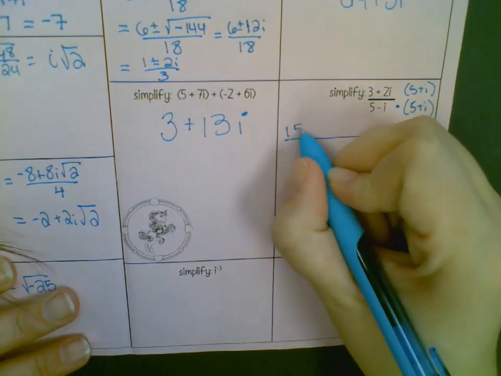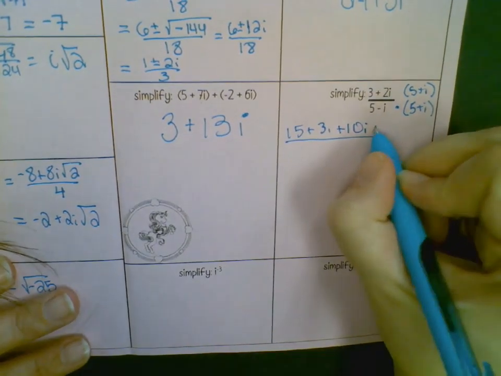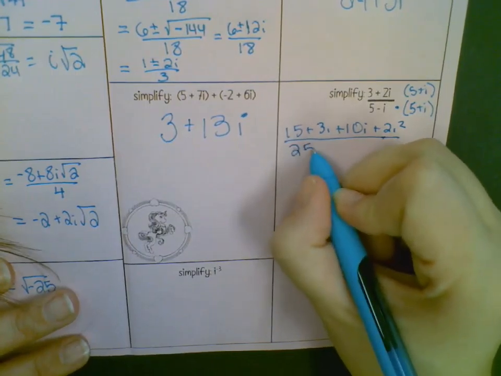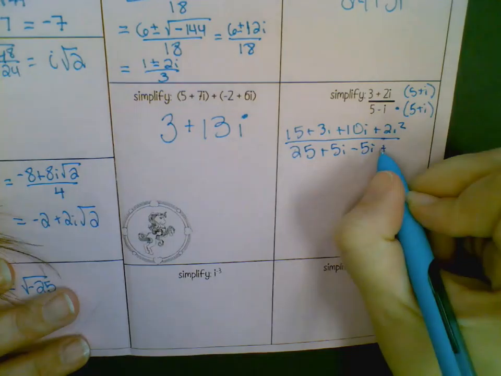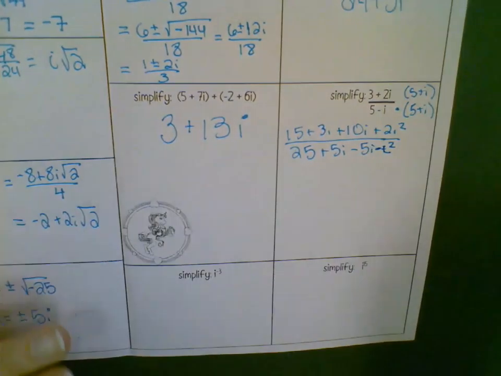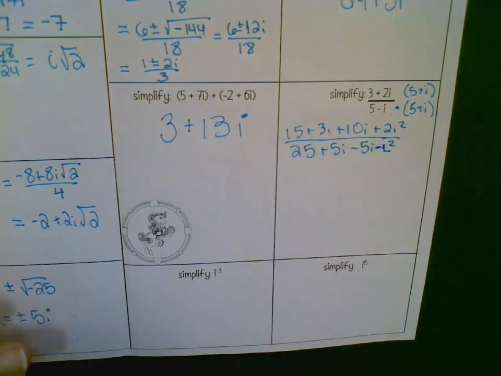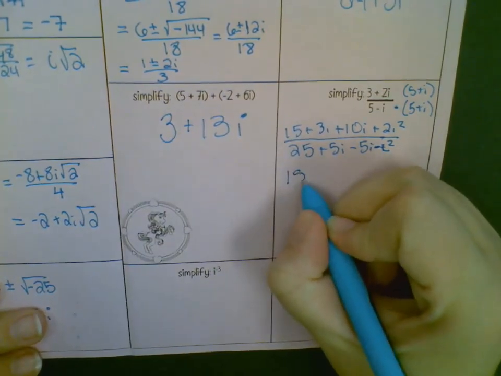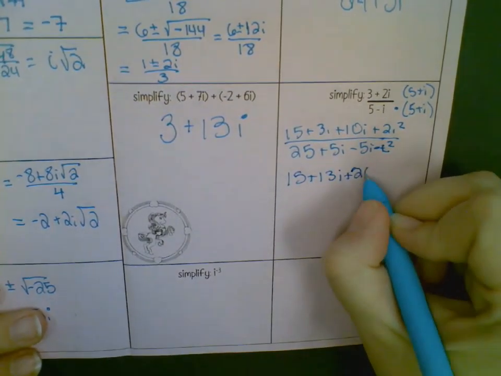Okay, so we FOILed. Now we can simplify. Up top we have some i's, so that would be 15 plus 13i plus 2 times negative 1.